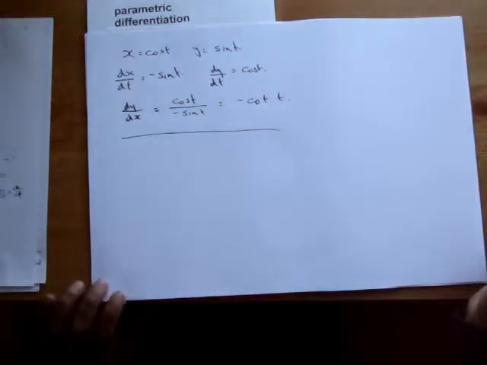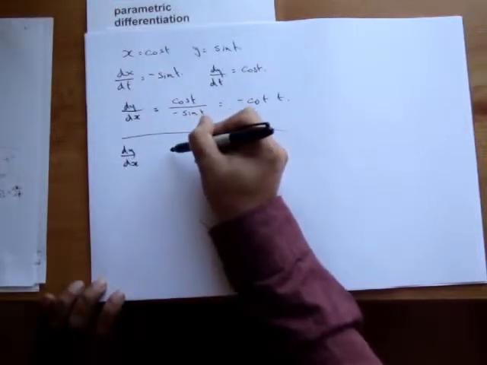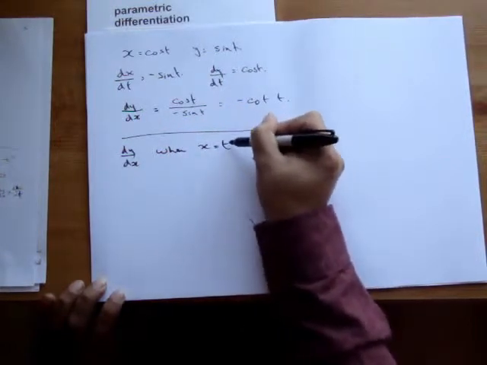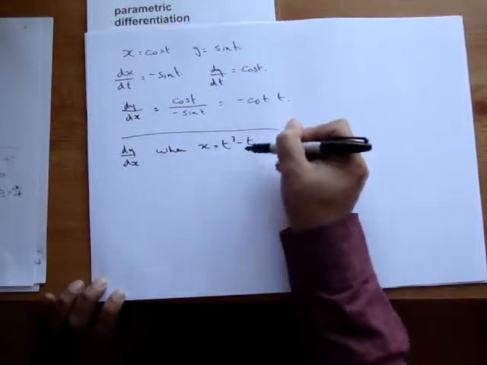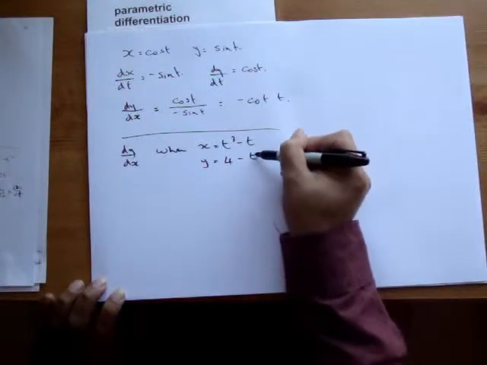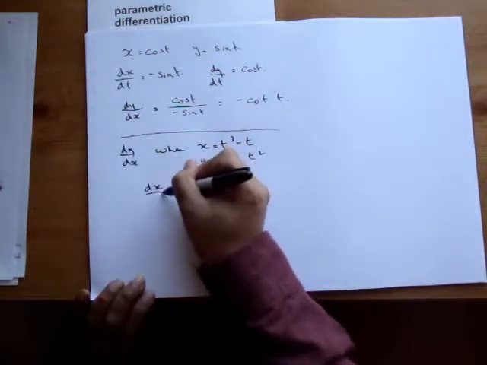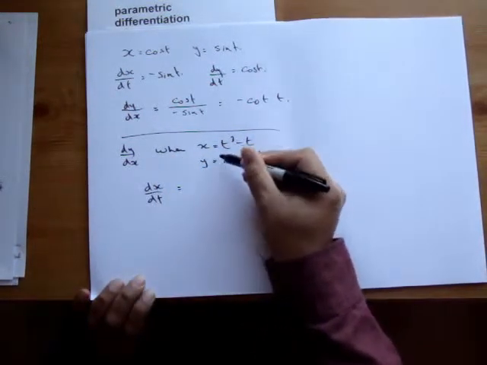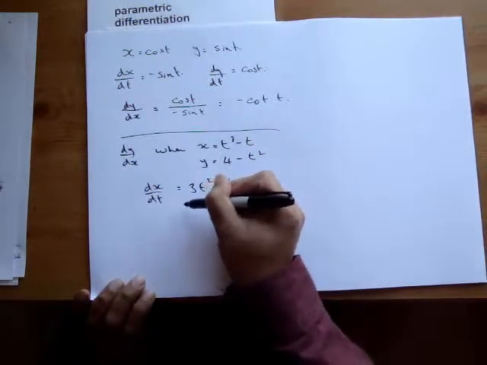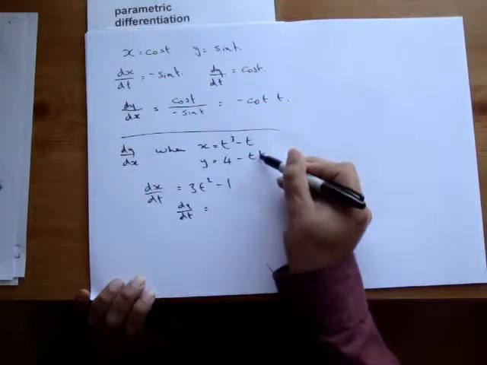Okay, another example, dy by dx when x equals t cubed minus t, y equals 4 minus t squared. dx by dt, bring the 3 down, take 1 off the power, 3t squared minus 1, and then dy by dt becomes minus 2t.